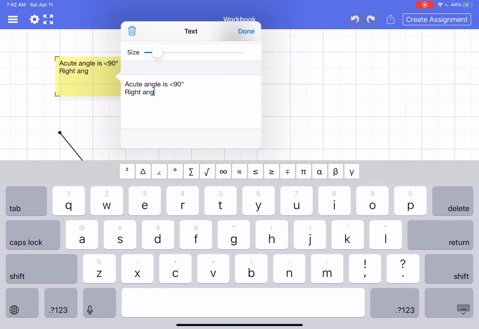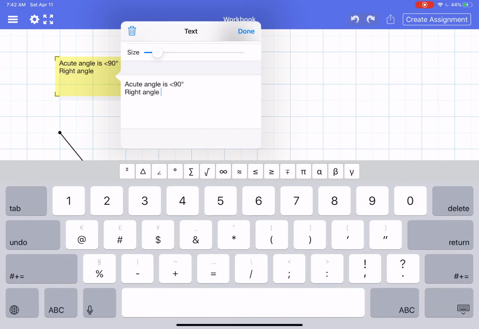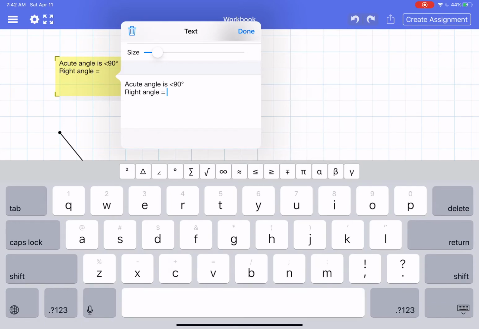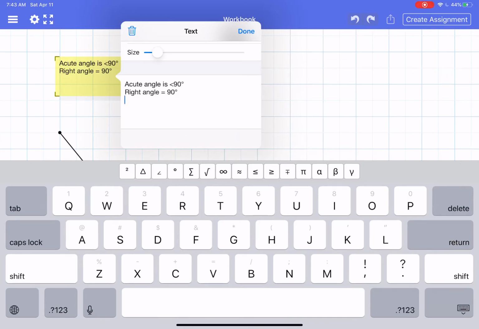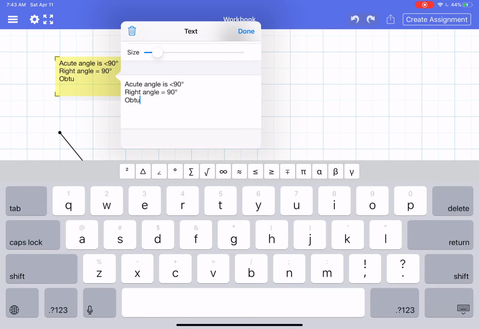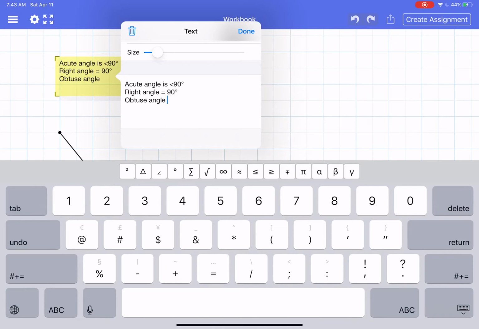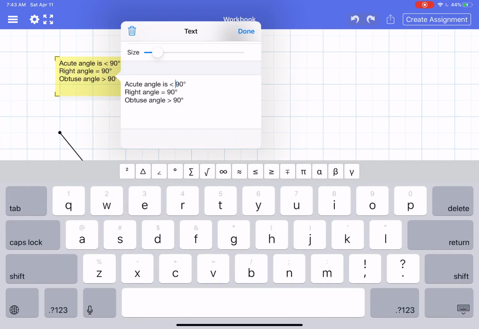So a right angle is equal to 90 degrees. And then finally, we did that the obtuse angle is more than 90 degrees. Okay, so there's our note, and I'm going to put done.